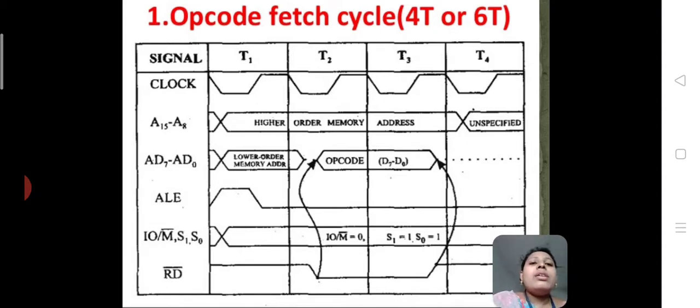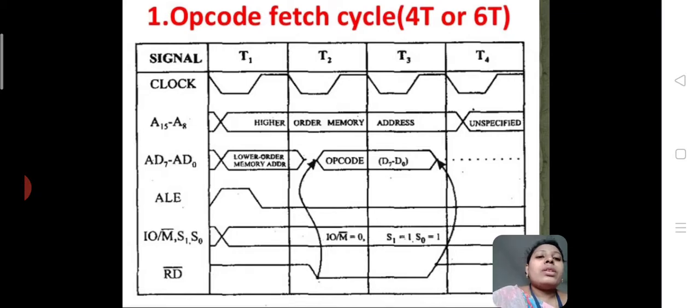Next ALE. ALE means address latch enable. If ALE equals 1, it indicates the address. At the middle of T1 it becomes low. In the first T state ALE is high.